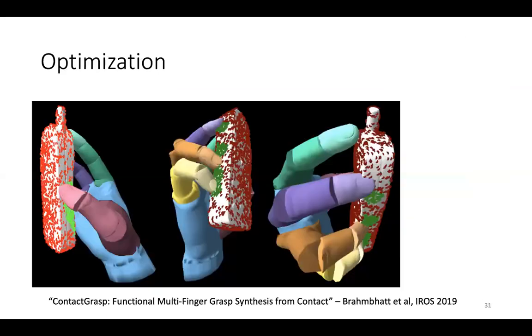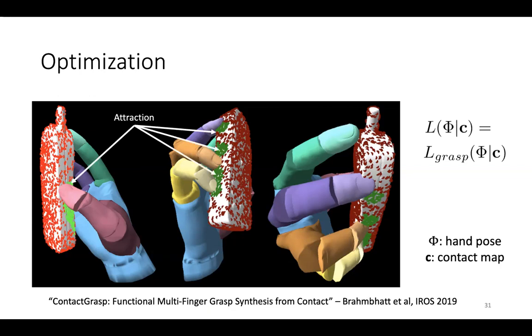So this is what we did in this IROS paper, where the paper focused on developing algorithms to configure the parameters of the hand to agree with a given contact map, where we did that using an iterative optimization algorithm, which has three different terms.